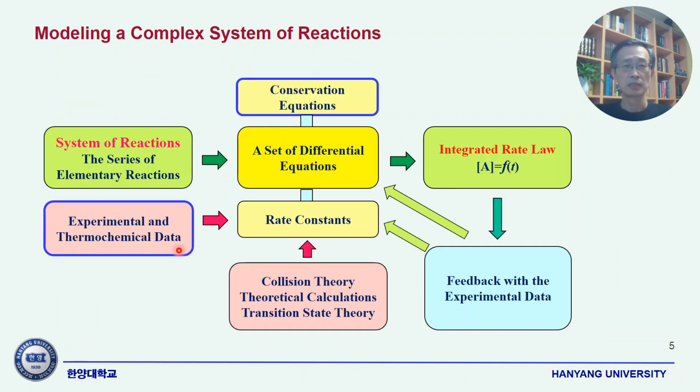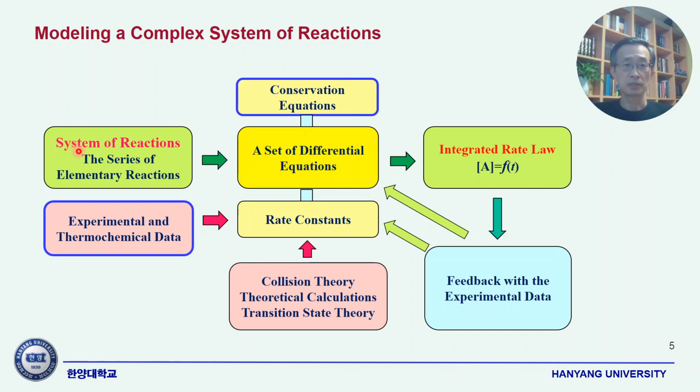And we expand it to cope with complex systems of reactions. Basically, we are going to model a complex system. We have seen the methane and ethane combustion or oxidation at high temperature, where many reactions are involved. That we call a complex system of reactions, and this is a schematic of how these procedures work together.